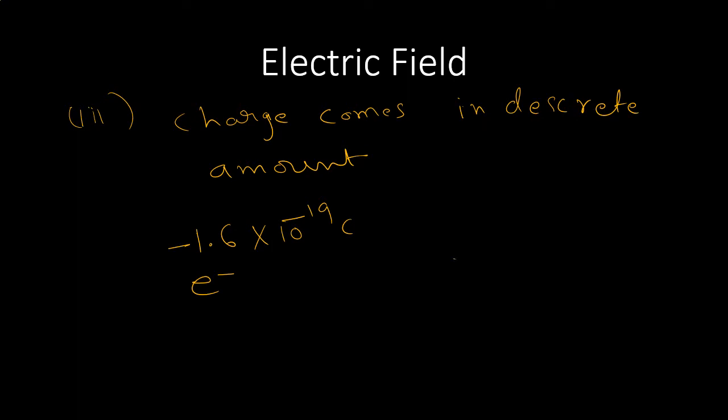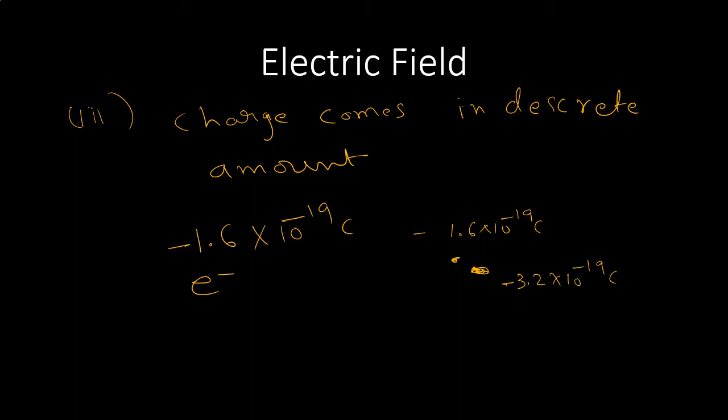Now you can have one electron or another electron. Therefore, you can have minus 1.6 into 10 power minus 19 coulomb charge. By adding one more electron, you will get minus 3.2 into 10 power minus 19 coulomb.